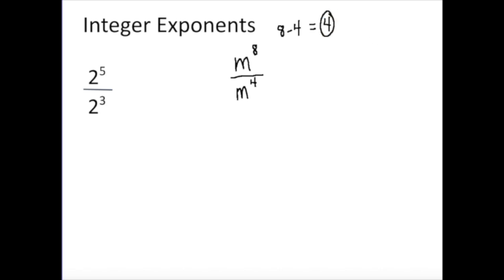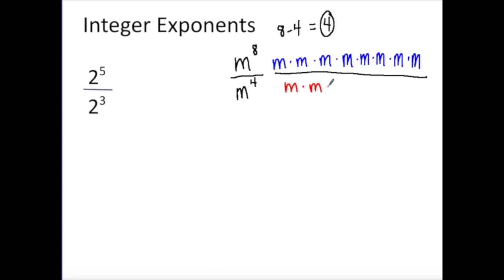So let's go ahead and expand this out and make sure that our strategy is still working for us. M to the 8th: 1, 2, 3, 4, 5, 6, 7, 8. And then we are going to divide that by m to the 4th: 1, 2, 3, 4.